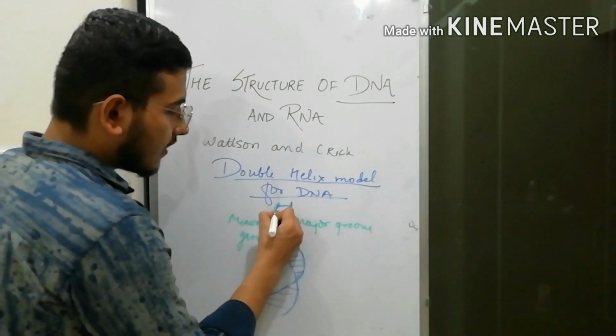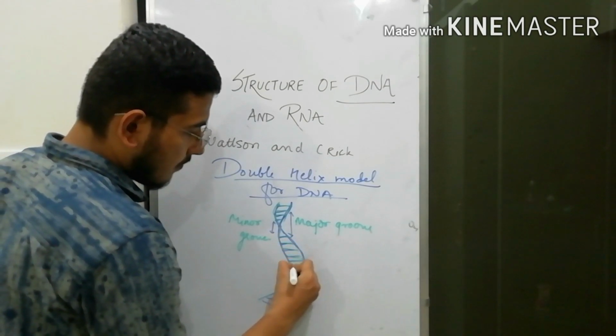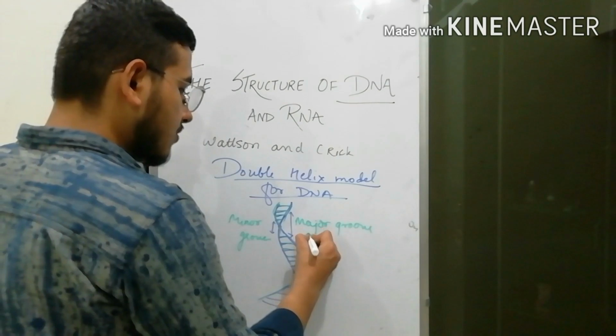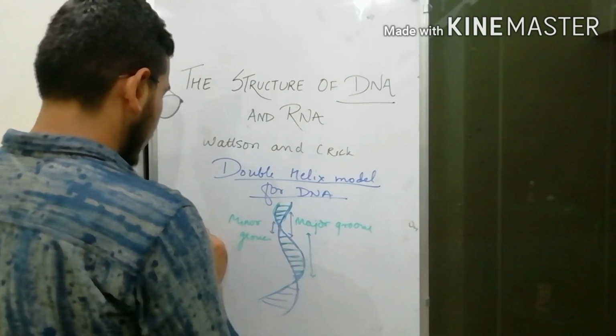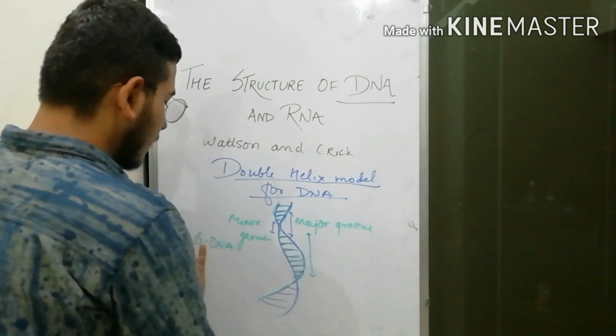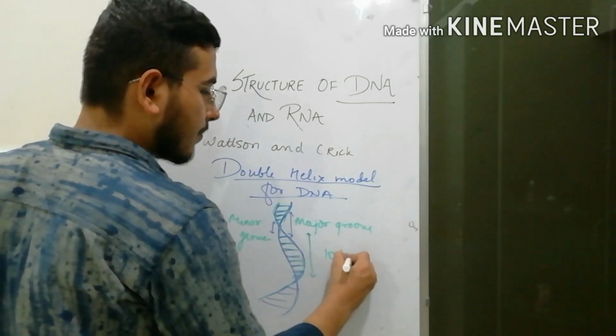There are base pairs in each turn. On average we take B-DNA, which we'll see later, as the majority. In that, each turn has 10 base pairs.